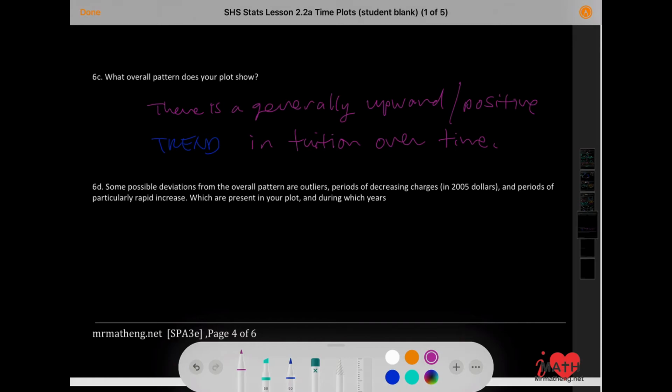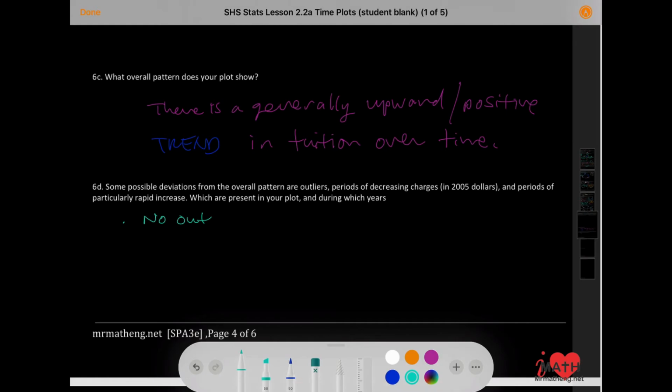Some possible deviations from the overall pattern are outliers. Periods of decreasing times, or decreasing changes, and periods of particularly rapid increase, which are present in your plot during which years. Okay. So I just have it looking at the screen, so I don't think there's any outliers.